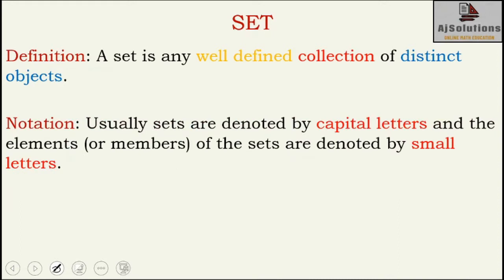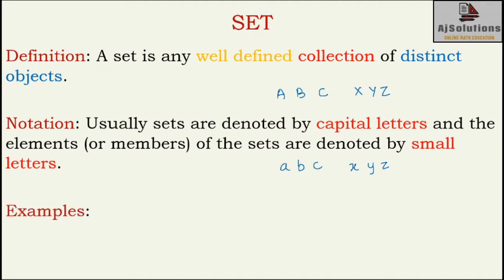Usually sets are denoted by capital letters. We can denote our sets by capital letters A, B, C, X, Y, Z or P, Q, R. And the elements of the sets are denoted by small letters. We can use small letters a, b, c or p, q, r or x, y, z to denote elements of the sets.